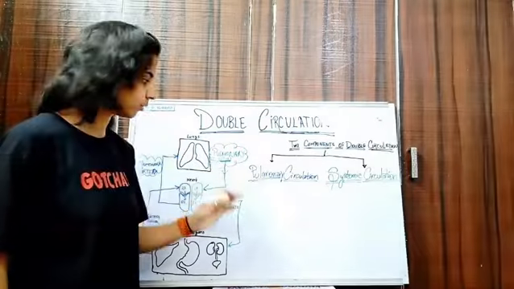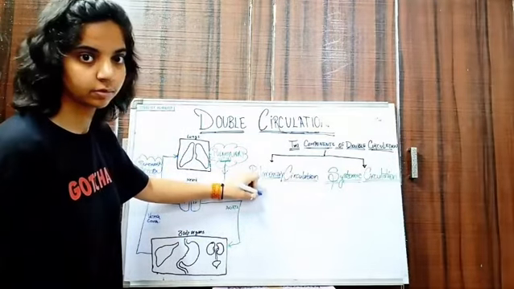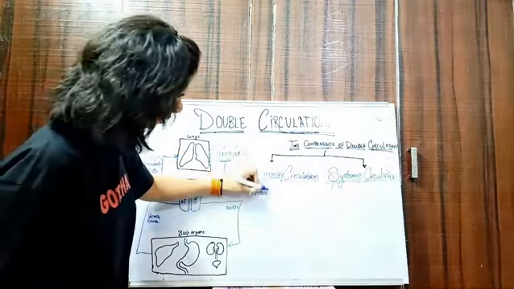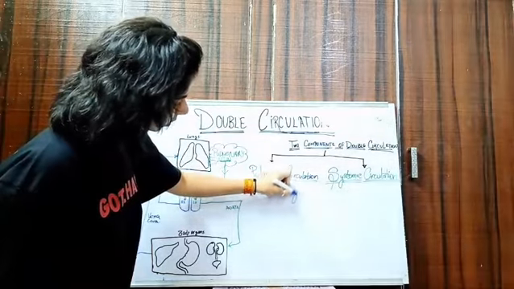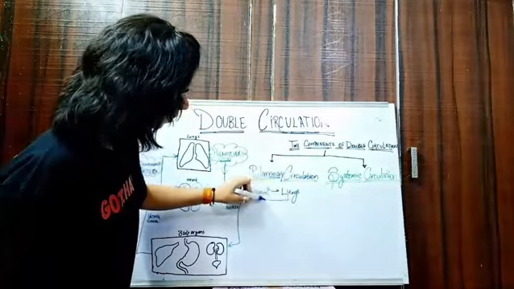So what is the path of pulmonary circulation? It is from the heart to the lungs and again back to the heart. Right?